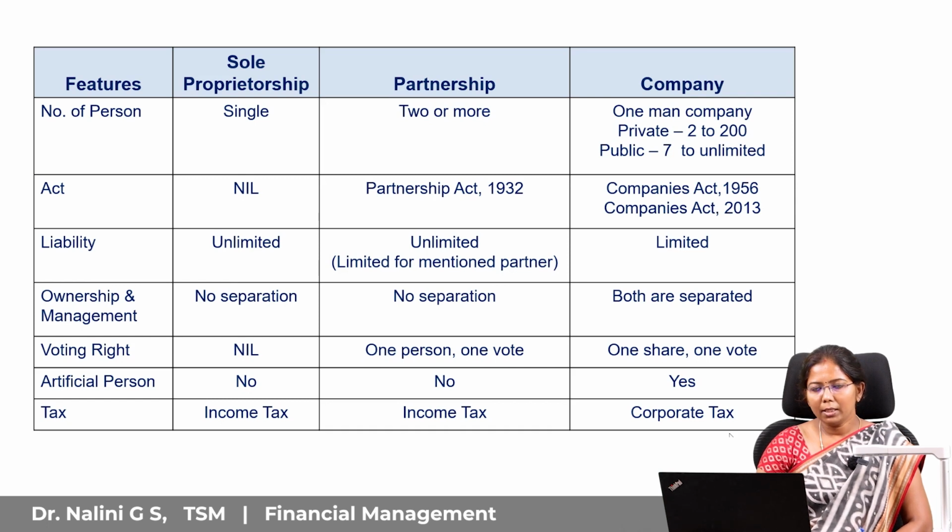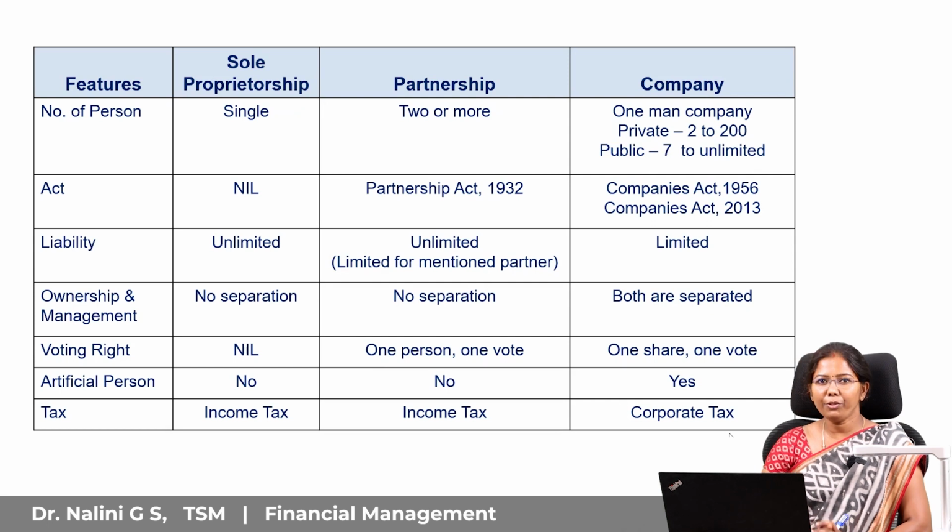Company limited liability is the main advantage because here the shareholders' liabilities are limited. Let's say you are investing rupees 1 lakh in a particular company, and the company is bankrupted or something went wrong in the company, you may lose that 1 lakh, not more than that. So your liability is up to the extent of your investment.